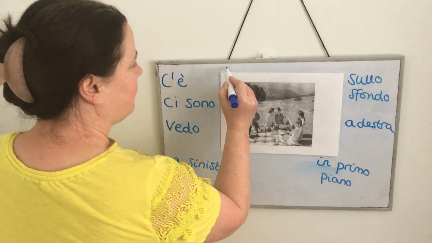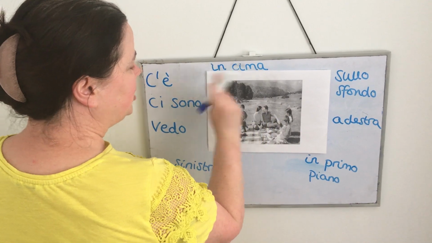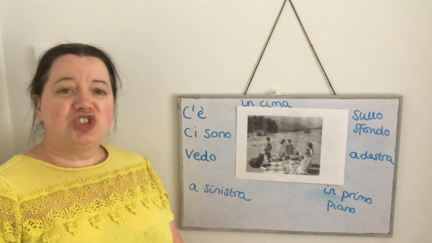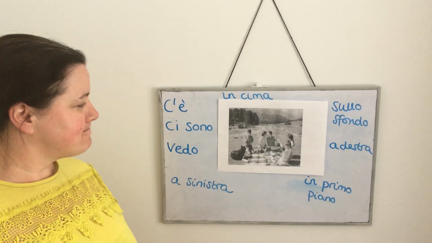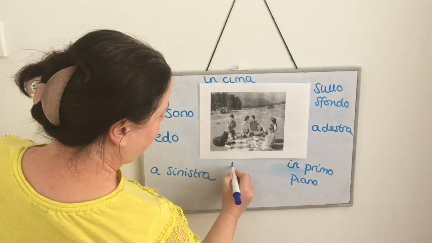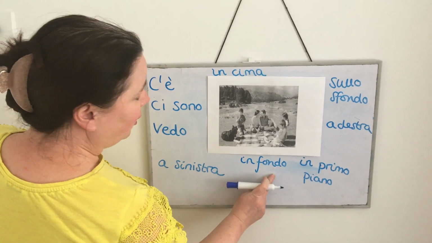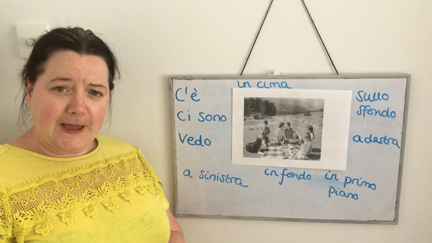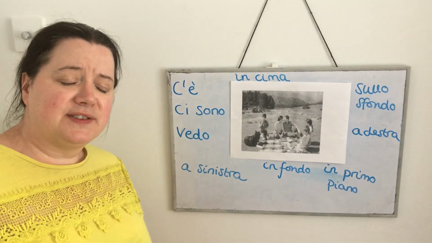You could say in cima, so at the top, in cima c'è un cielo azzurro bellissimo. Okay? Or if you want to say at the bottom, in fondo c'è un cane.